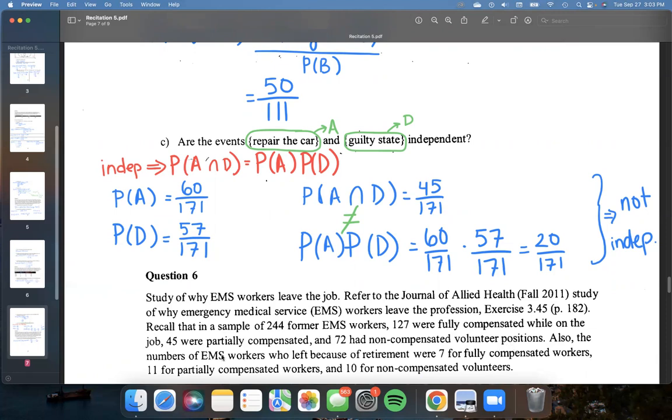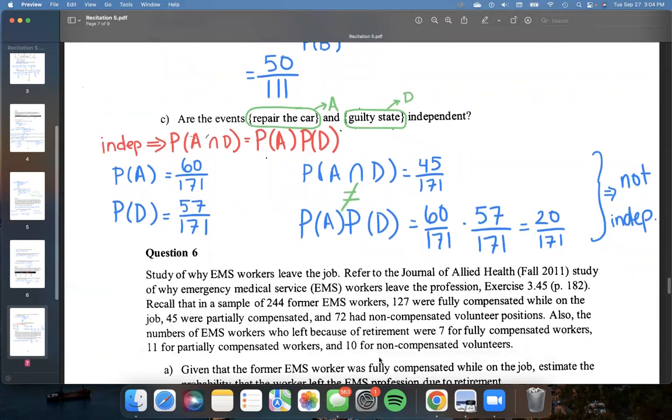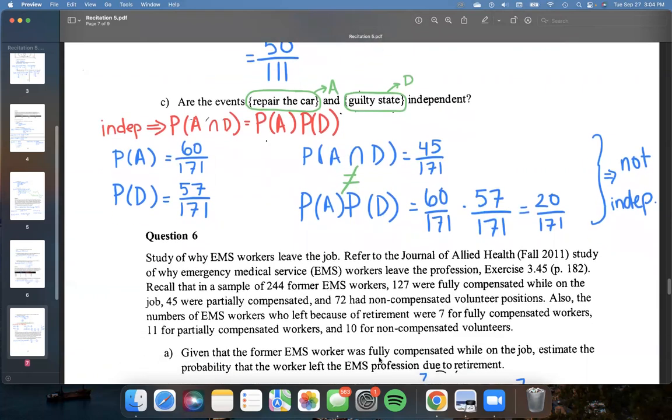Also, the numbers of EMS workers who left because of retirement were 7 for fully compensated workers, 11 for partially compensated workers, and 10 for non-compensated workers. Given the former EMS worker was fully compensated while on the job, estimate the probability that the worker left the EMS profession due to retirement.